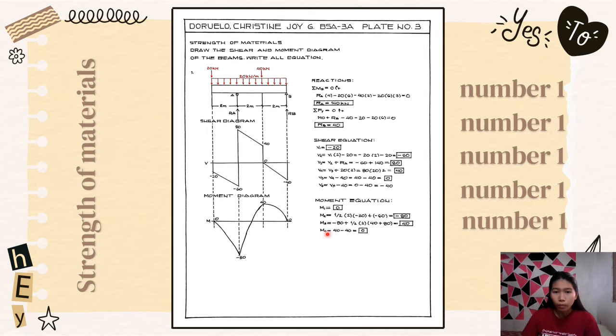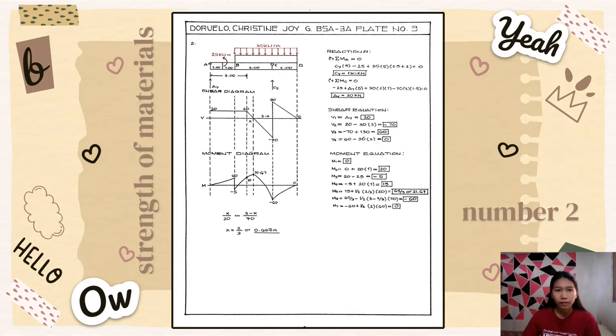And for the moment 3 is equal to negative 80 plus 1 over 2 times 2 times 40 plus 80, is equal to 40. So we got 40 upward. So here. And for the moment 4, 40 minus 40 is equal to 0. So we got 0 downward. So here.